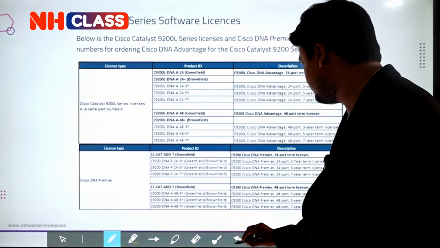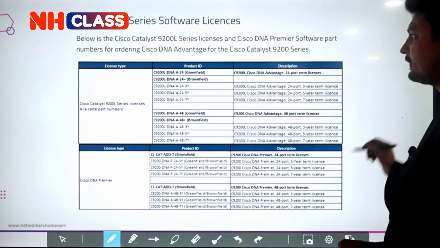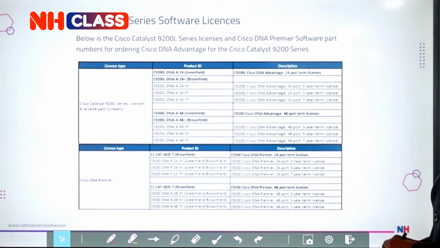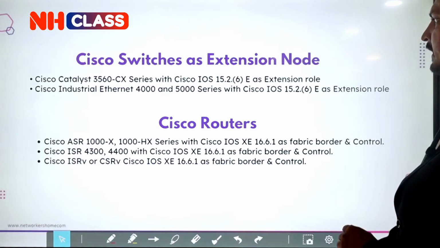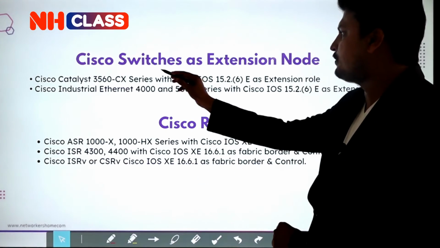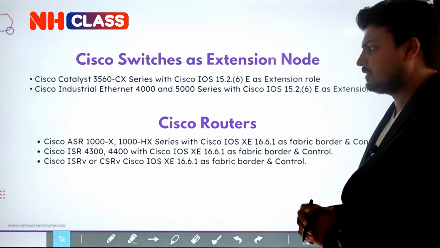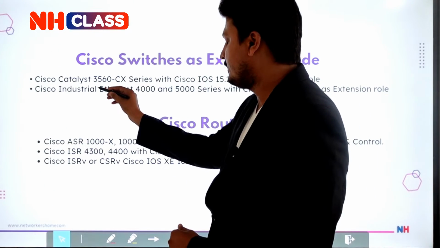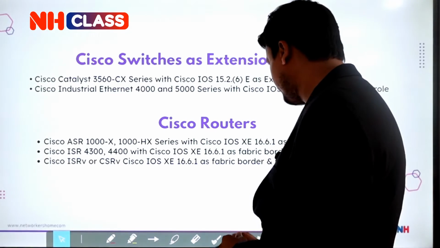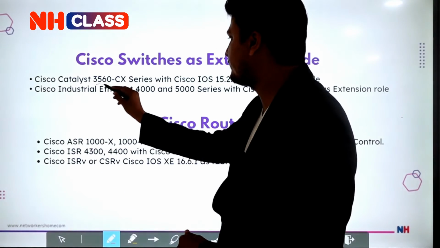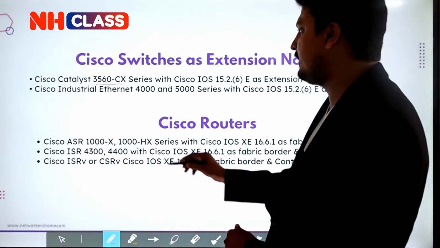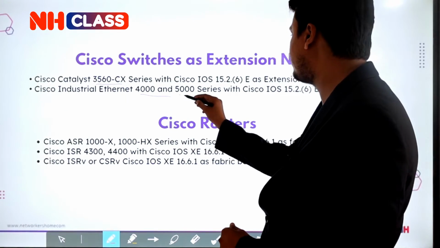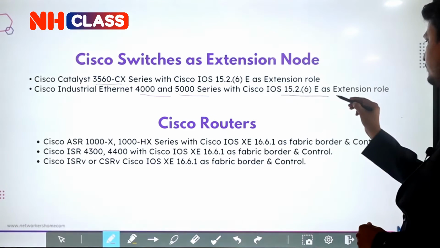Now let's see the other slide. In this we can see the Cisco switches that are extension nodes. So I can use them as an extension node. We have extension node switches such as the 3560 CX series, or other switches like the 4000 series or the 5000 series with these particular versions.